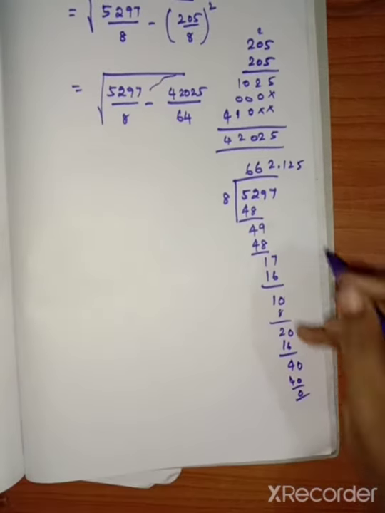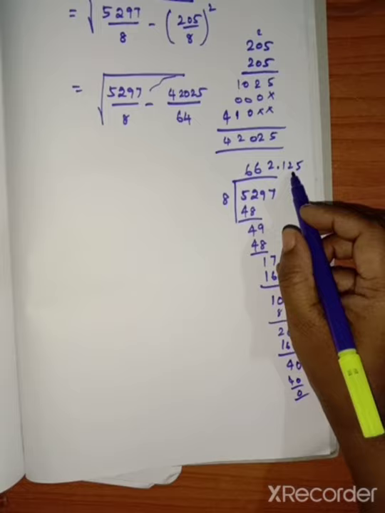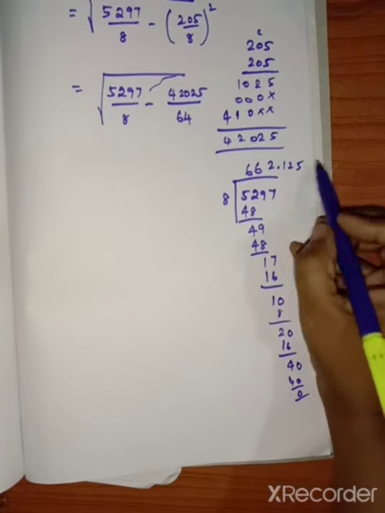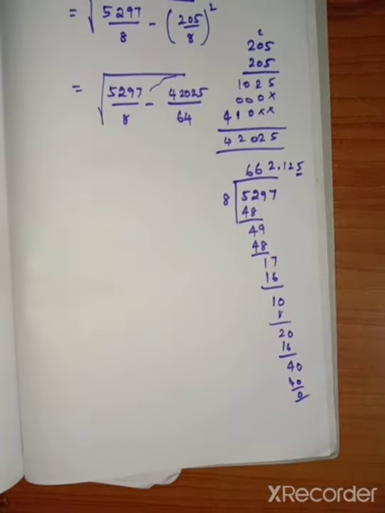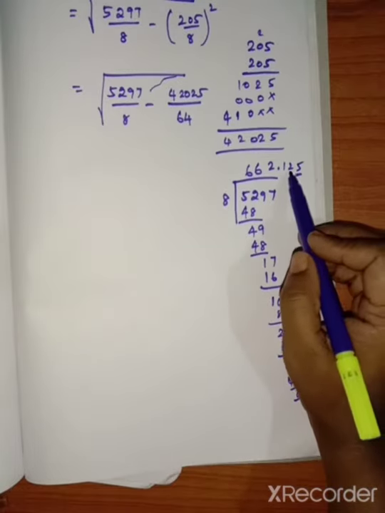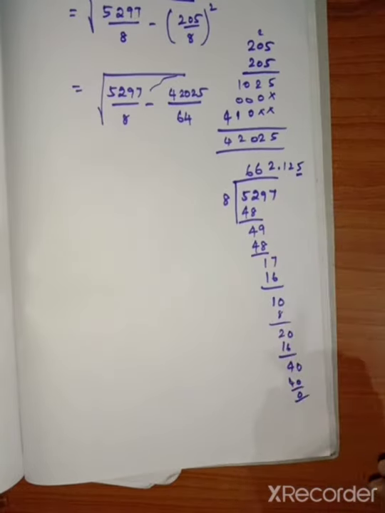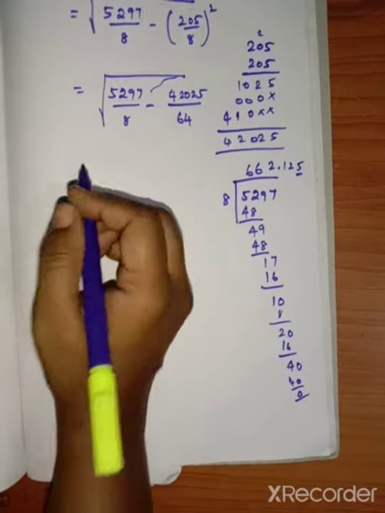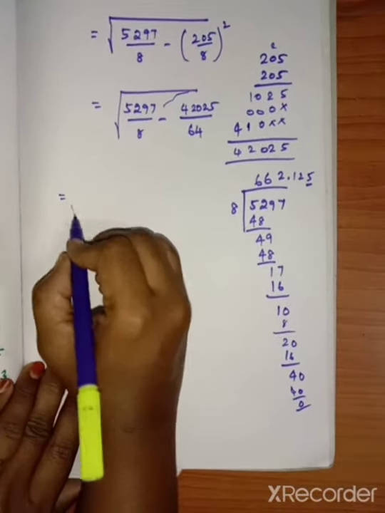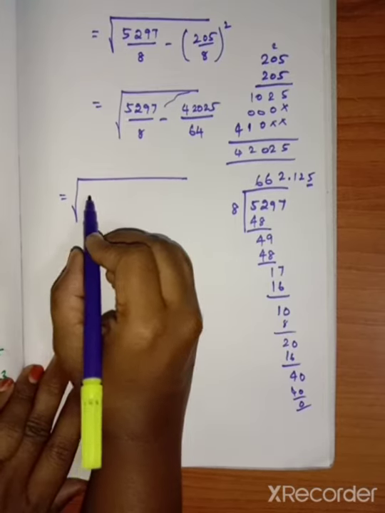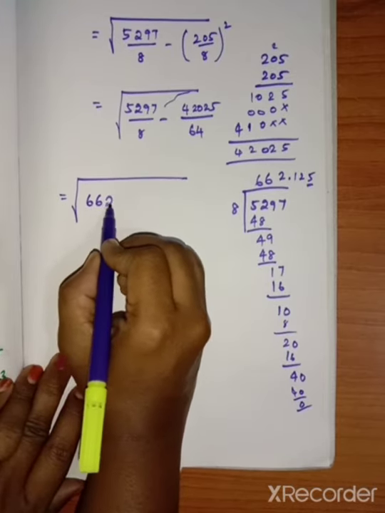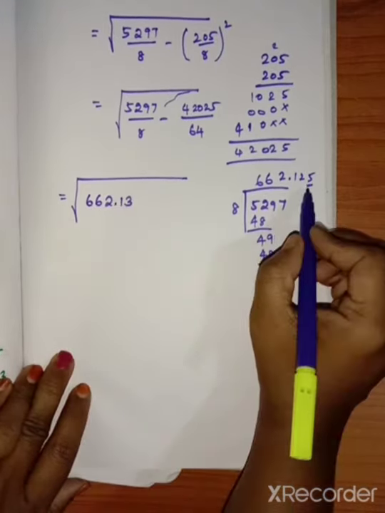So it will be completed. So after the decimal we can find 2, means the last number 5 after. So 5 6 7 8 like that means we can add one more number for the second decimal place, that is the 100th place. So for the first value, that is 662.13, because here 5 is there.